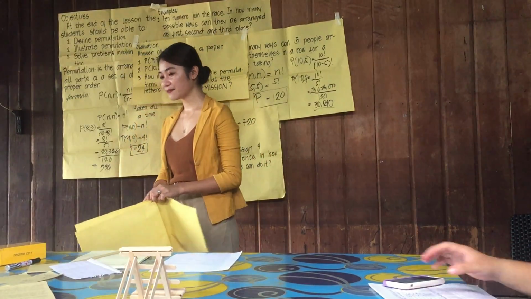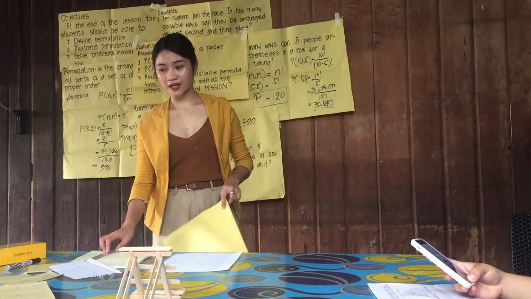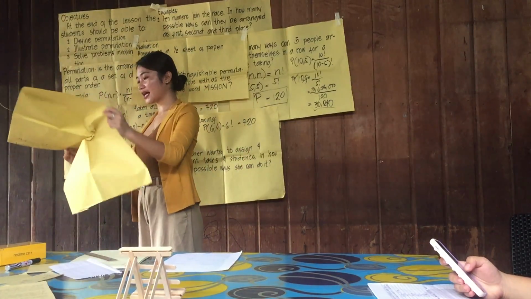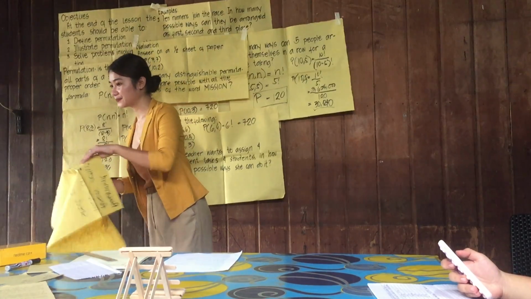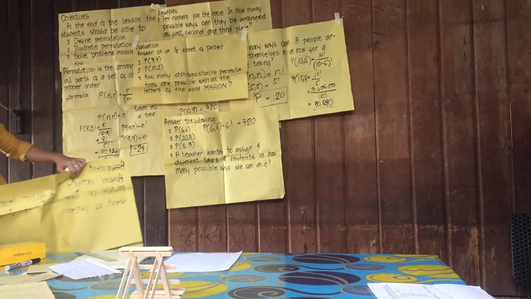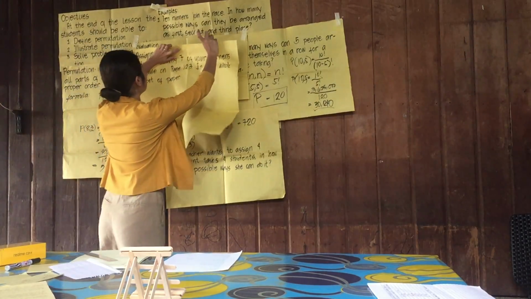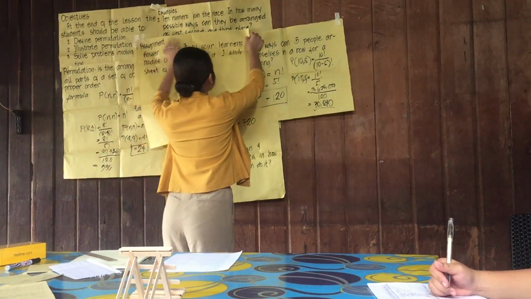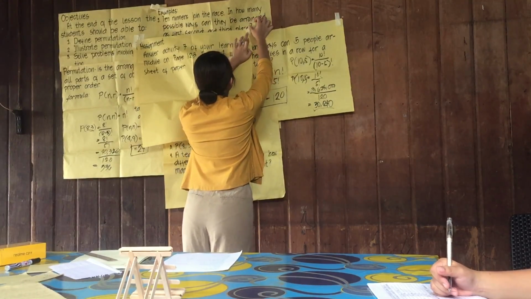Okay, this time, are all papers here? Yes, ma'am. Okay, very good. So this time, you will have an assignment. You copy this one in your notebook and pass this on Monday.